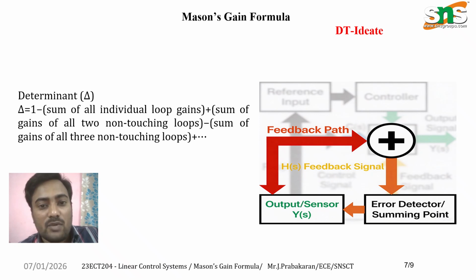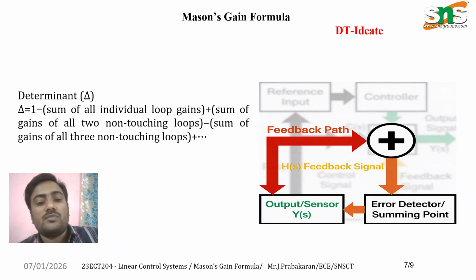Delta equals 1 minus the sum of individual loop gains, plus the sum of products of two non-touching loops, minus the sum of products of three non-touching loops, and so on. Here you can notice the alternating signs: minus, plus, minus, plus, and so on.